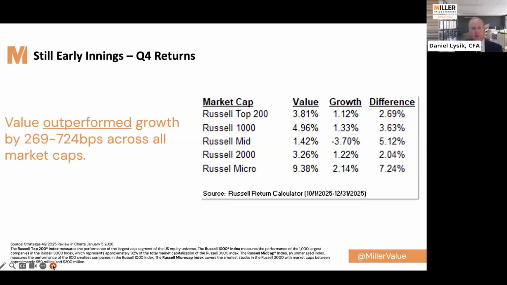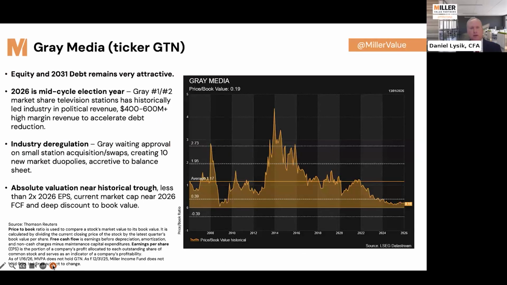And if we go to the final slide, here I want to just highlight one name in particular, Gray Media. The symbol is GTN. It's currently trading at around $4.46 a share. The company is a leading local television station owner. 90% of their 100-plus stations are ranked number 1 or number 2 in markets across the US.